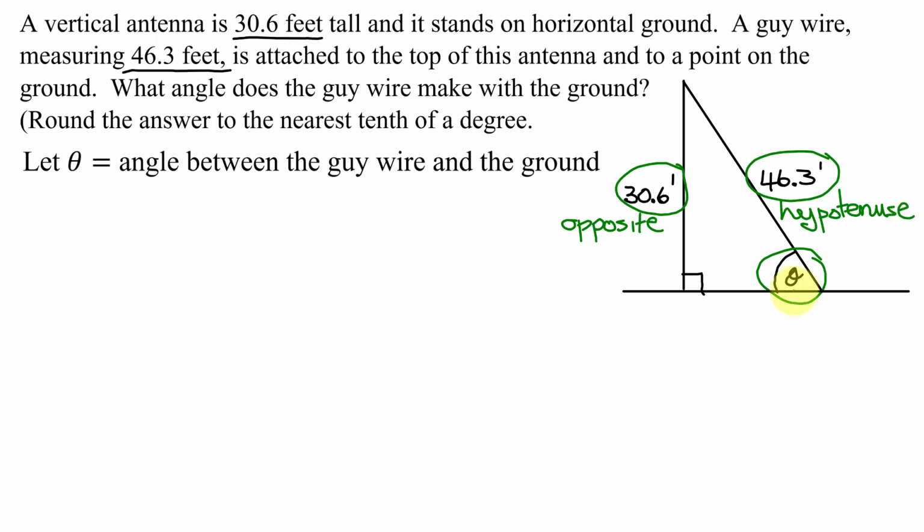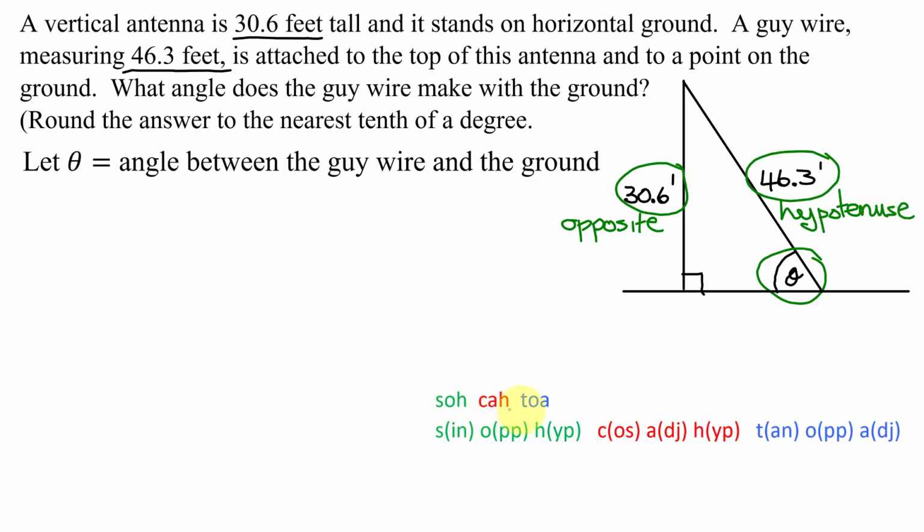Well, which trig function connects opposite and hypotenuse? So looking at my mnemonic, SOHCAHTOA, which one involves opposite and hypotenuse? That is the sine function. The sine function is opposite over hypotenuse.